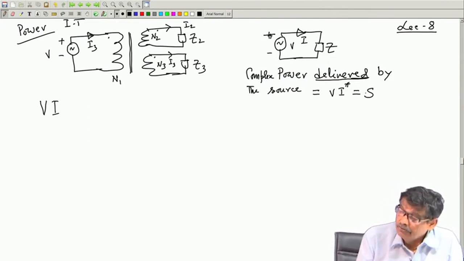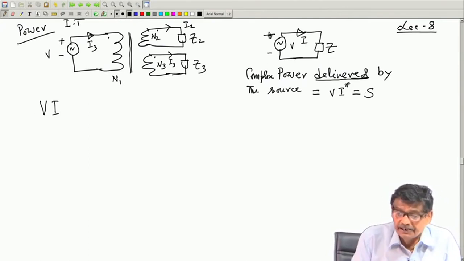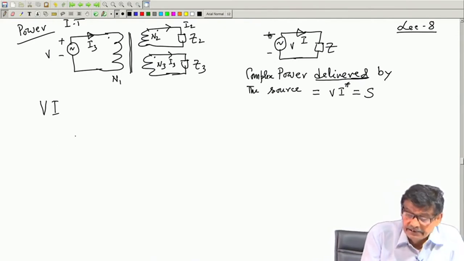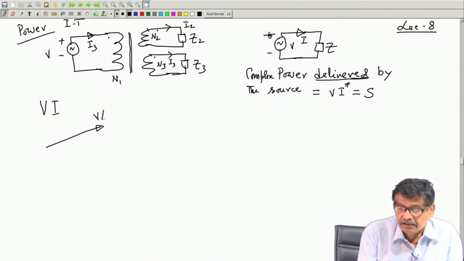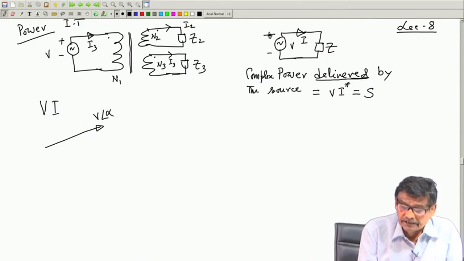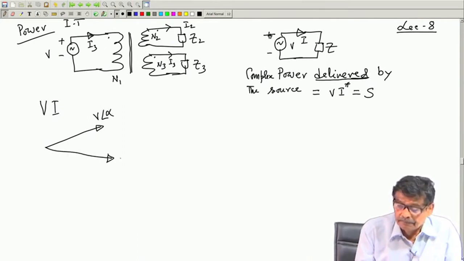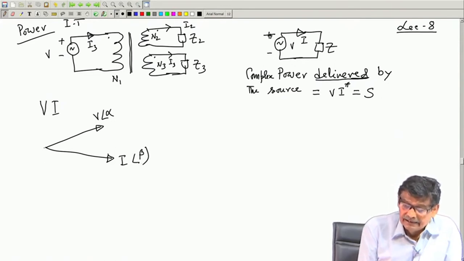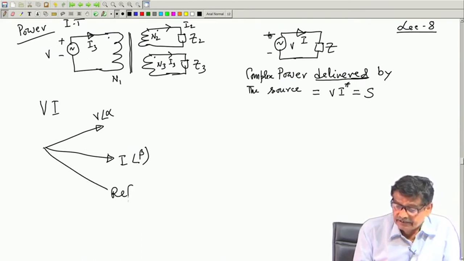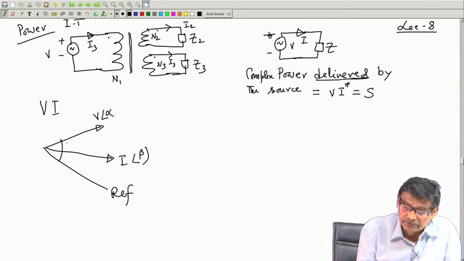Real part of it will give you real power, imaginary part of it will give you reactive power. But the only thing is, don't just multiply V I and take the real part. It is simply because in general the voltage phasor could be V angle alpha and the current phasor could be I angle beta, and there is the reference phasor. So, this angle is alpha, suppose this angle is beta.